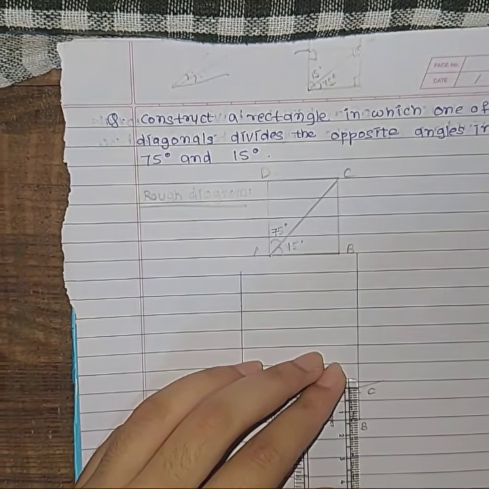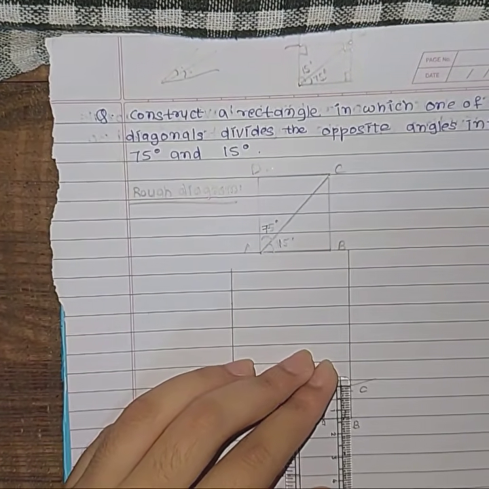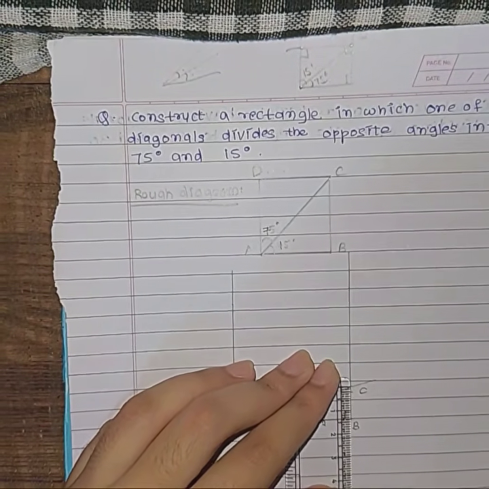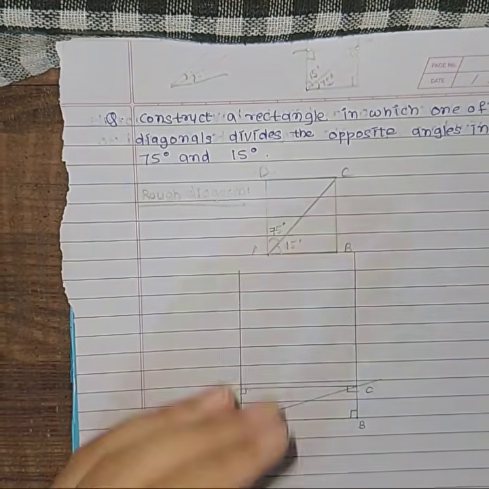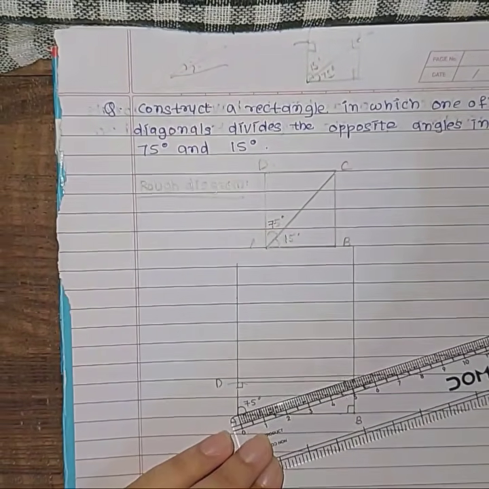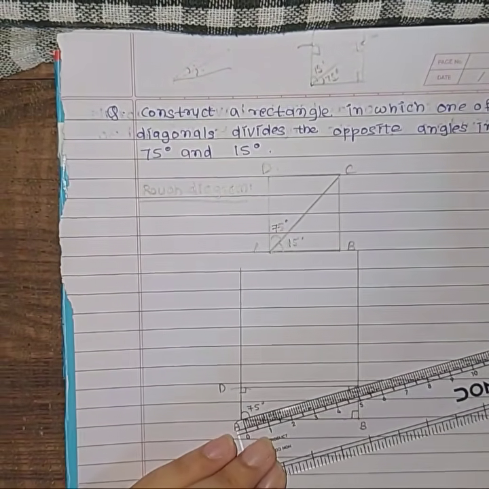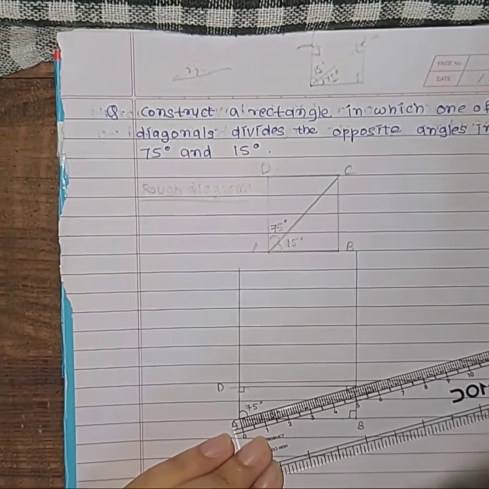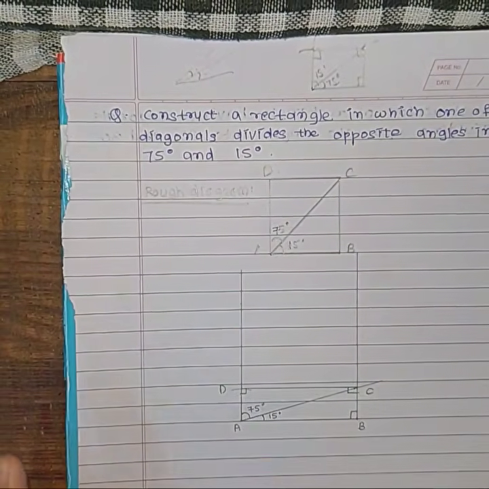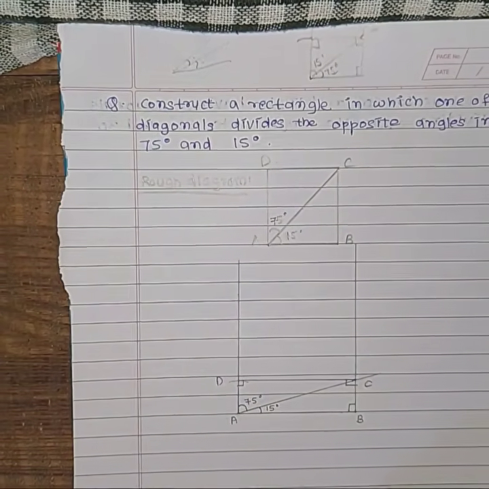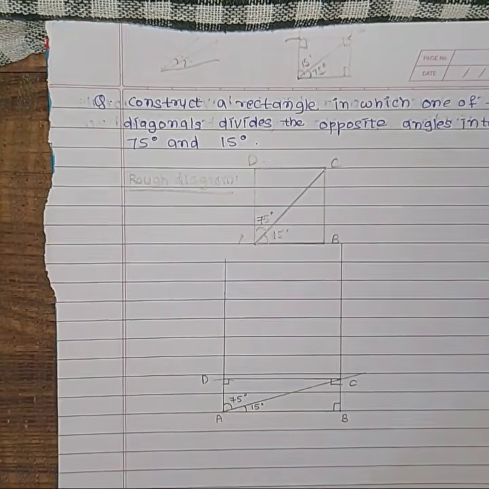This is around 1.4 centimeter, and the diagonal is 5.2 centimeter. So you can just mention it if it is told to mention according to your school.